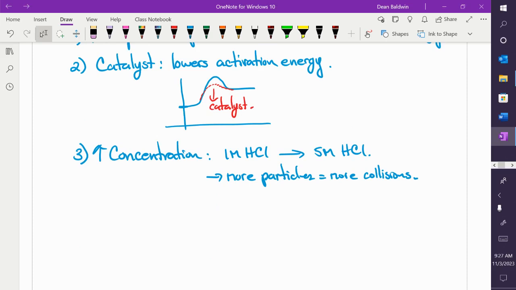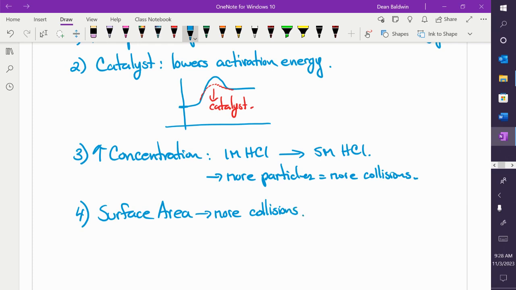What do you call that? Surface area. Yeah, you increase the surface area. Okay. If you increase the surface area, you get more frequent collisions because they're not all tightly bound. You get more collisions.